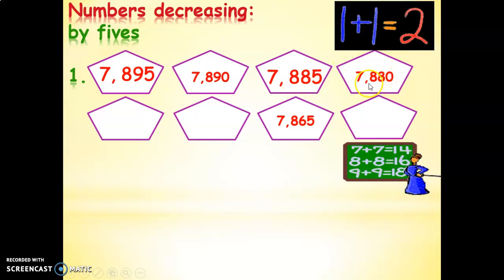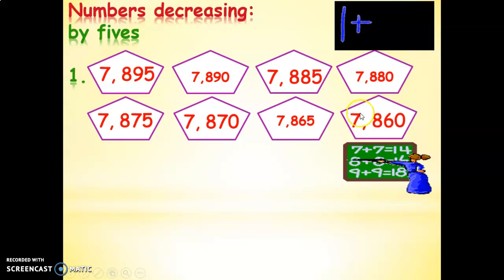Next one is 7,880. Decreased by 5 again will be 7,875. Decreasing this by 5 gives us 7,870. Minus 5 is now 7,865. And the last number should be 7,860.